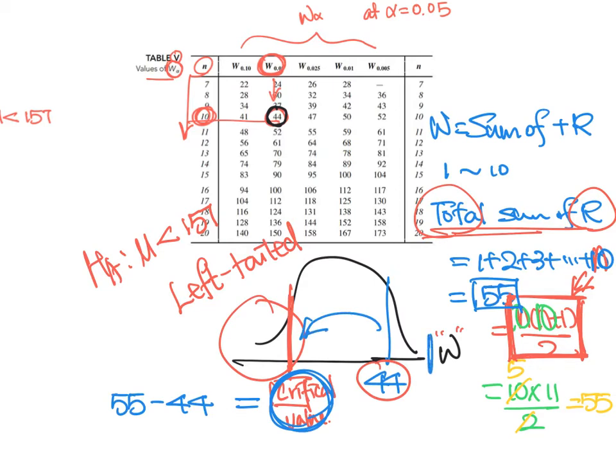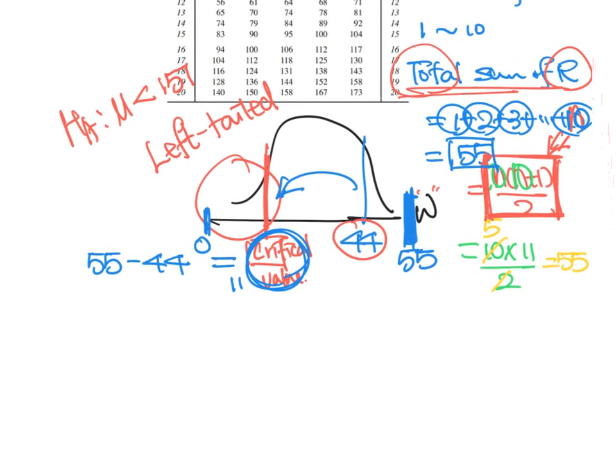The maximum sum of the positive ranks, if I assume all ranks are positive, is 55, and the smallest possible one is 0. So simply I can say, here are the possible values of W. W is the sum of the positive ranks.